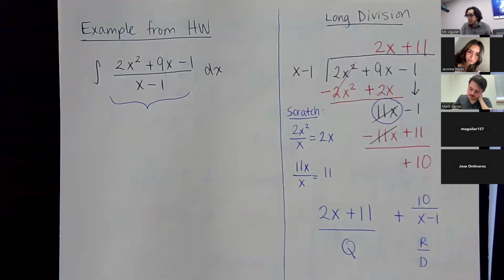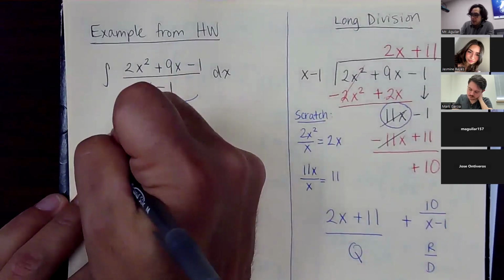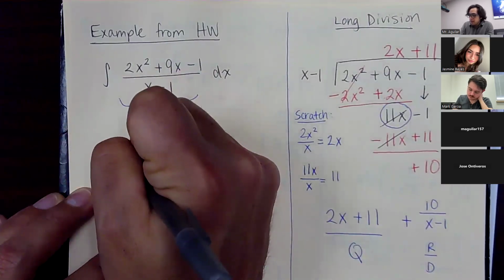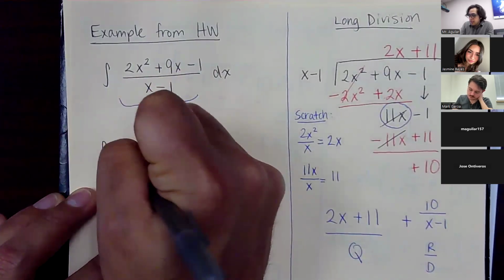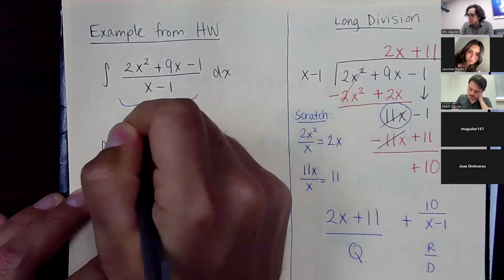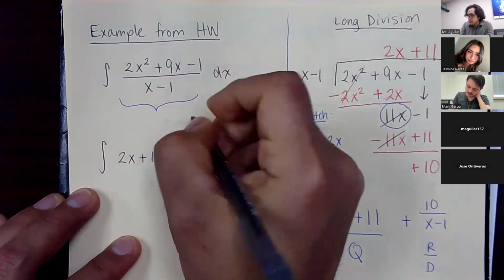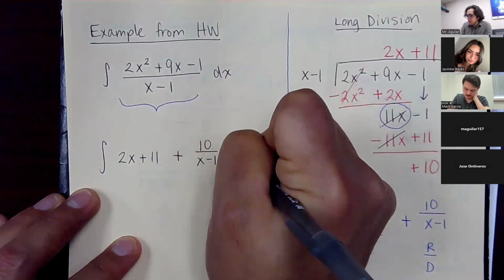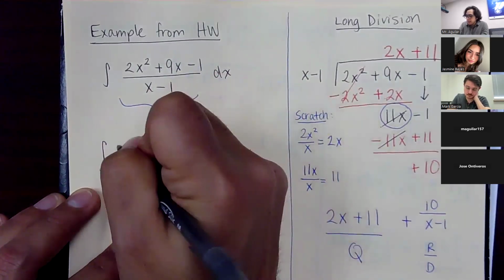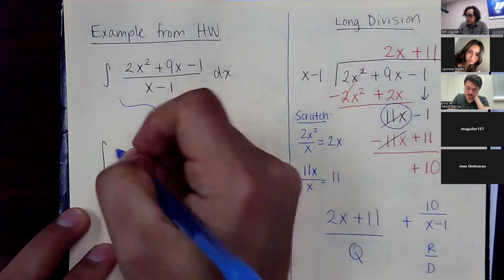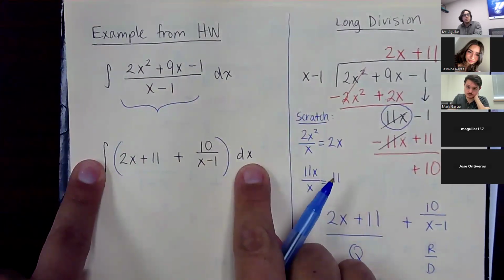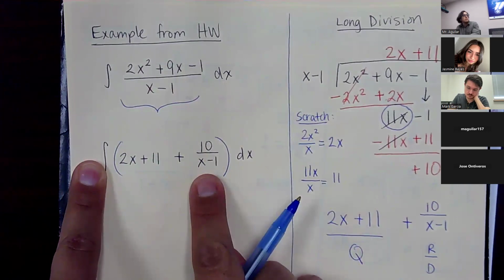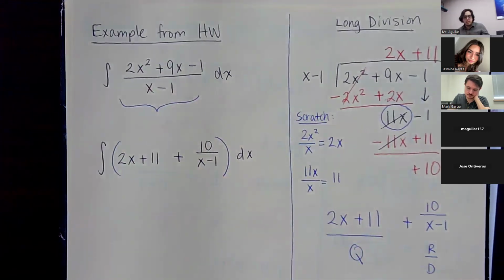Okay, so we're going to integrate this thing now. So integrate 2x plus 11 plus 10 over x minus 1 dx. And I'm going to put this in parentheses just so that we know we're taking the integral of each of these terms separately.